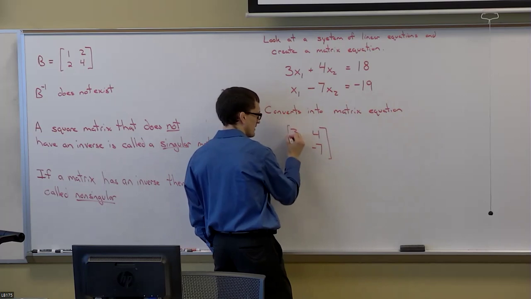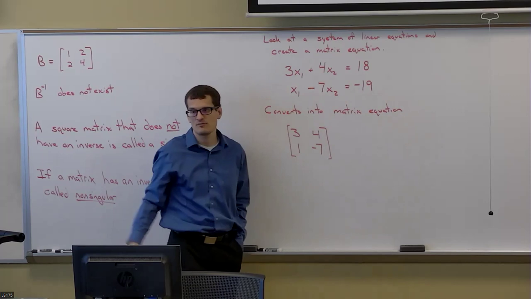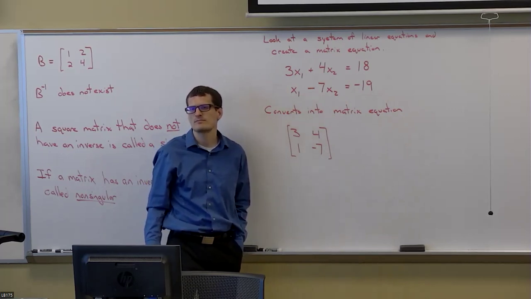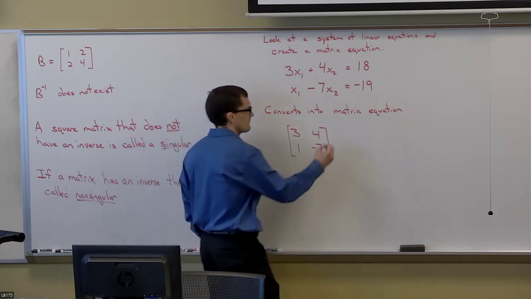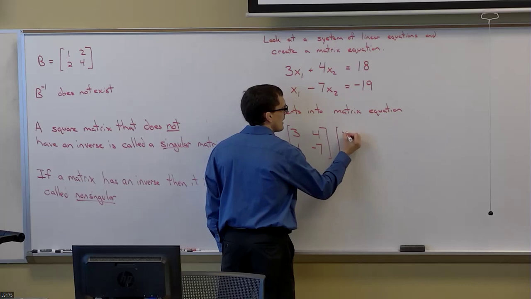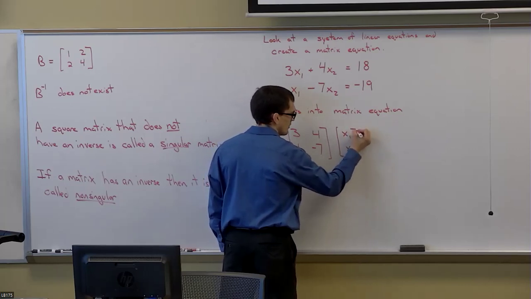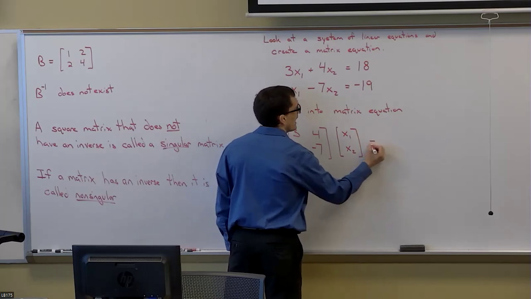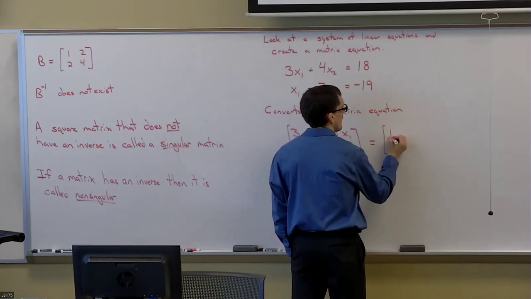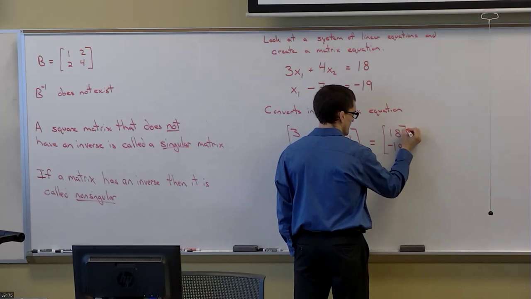Notice that is just the coefficients of my x1s and x2s. And then I'm going to multiply times the matrix x1, x2, and I'm going to set that equal to the matrix 18, -19.